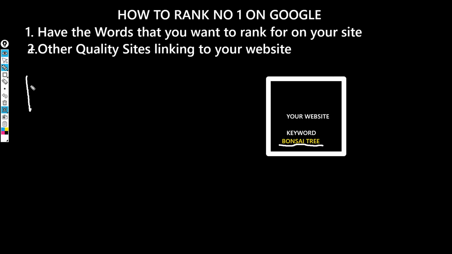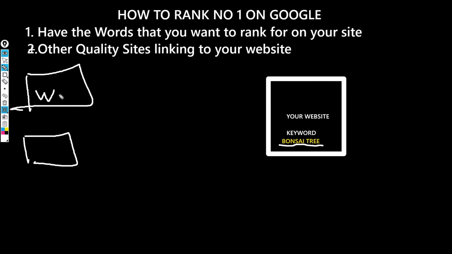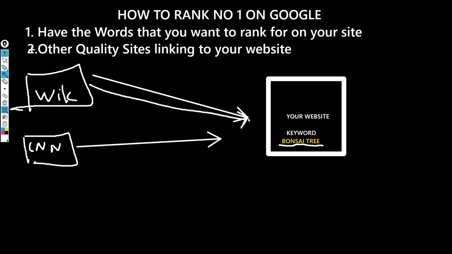Let's say there are high authority websites like Wikipedia or CNN. These are very high authority websites, they have a lot of links inside them, and as per Google they are very high authority. So let's say these websites link to your article.